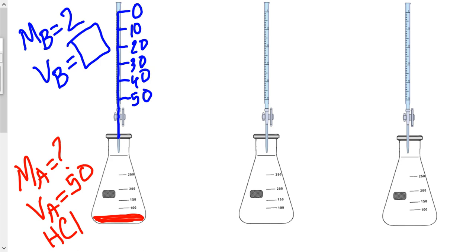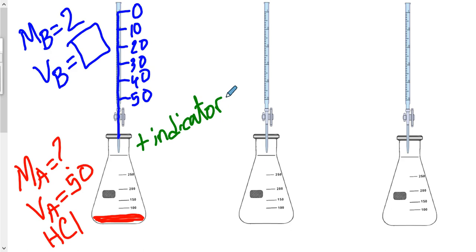And what is the job of an indicator? An indicator will indicate, right? So depending on what kind of indicator you are using, it will indicate a color, and sometimes it's colorless. It doesn't indicate anything, but it gives you an idea of a pH.